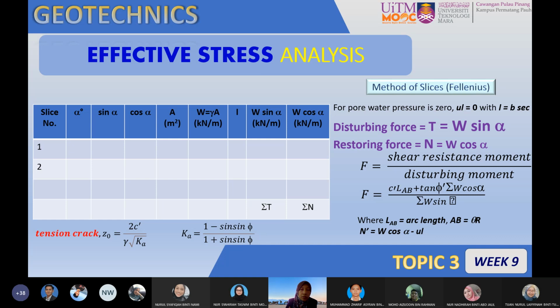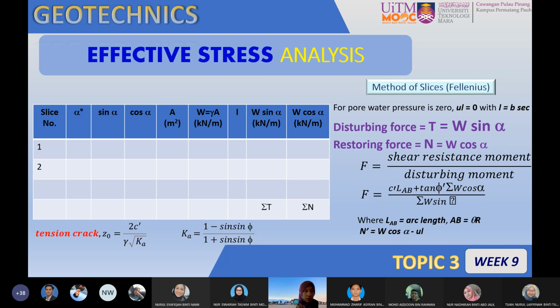So at this part, the considerations of the calculation of Z node for effective stress analysis are totally different. The Z node formula takes the active lateral earth pressure Ka in the equations, where Ka is 1 minus sin phi over 1 plus sin phi. You substitute in this formula Z node so you can have the tension crack.